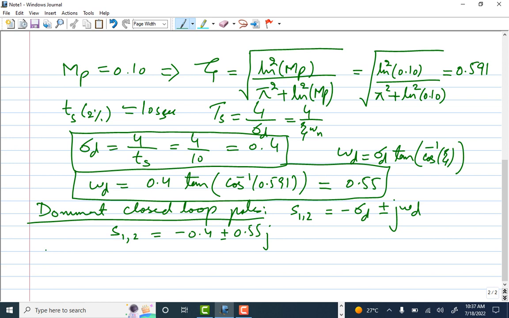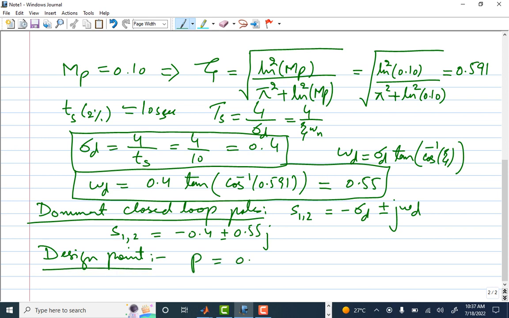Now we have to pick a design point, which we call P, and we get minus 0.4 plus 0.55j. Now we want to use this design point to design our controller. The whole idea is based on these specifications, and we calculate it. Now we move to the next slide and use this design point to calculate the controller.